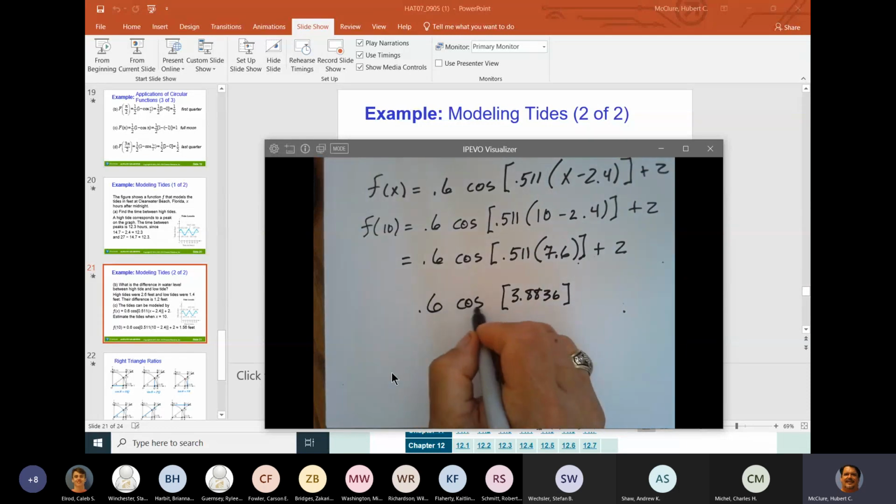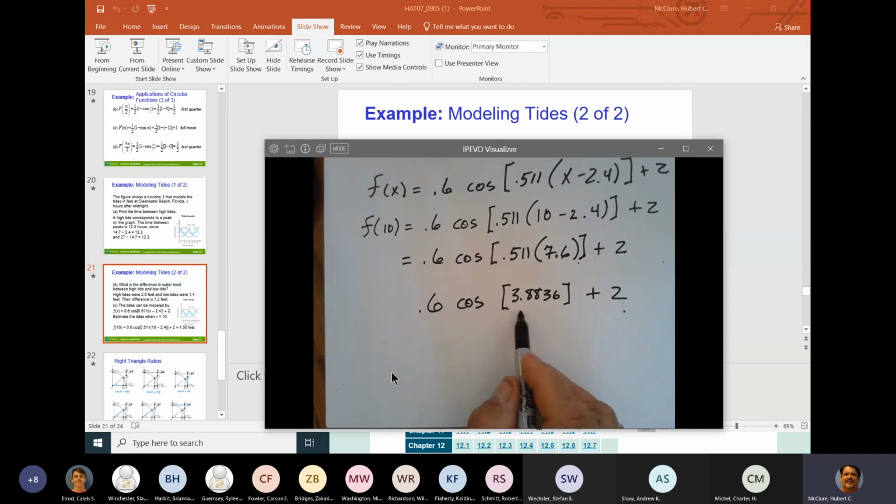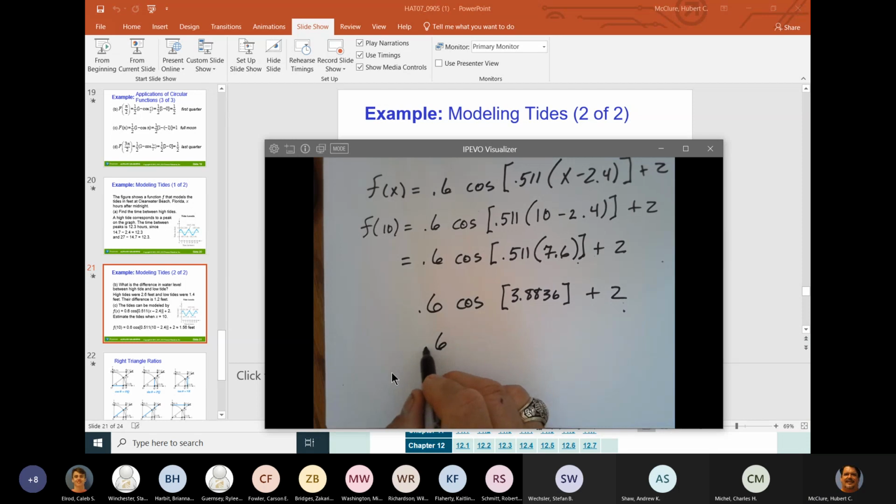0.6 times the cosine of that, and then add 2 to it. So somebody give me the cosine of 3.8836, and I would put it in radian mode since that's what we're doing. Just take it to 3 digits.